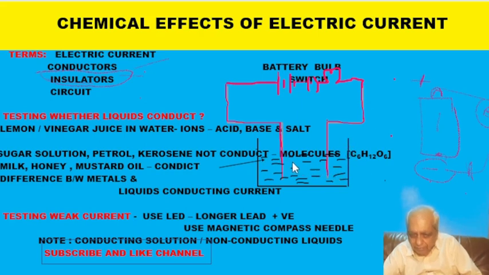And here I am taking various liquids which I want to check. I can take tap water, I can take distilled water, I am taking mustard oil, I am taking petrol. Any liquid, if I want to check whether it is a good conductor or bad conductor, is put in this vessel. Now suppose if I take tap water, then I see my bulb is glowing. So if my bulb is glowing, it means tap water is a good conductor of electricity.